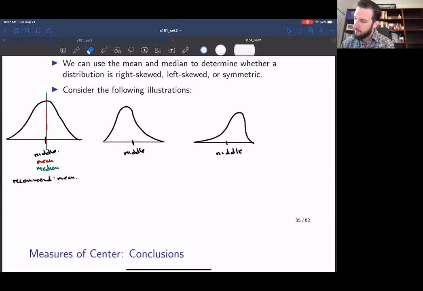In this situation, the median is still going to line up at the center.